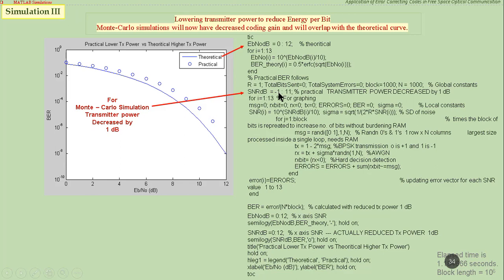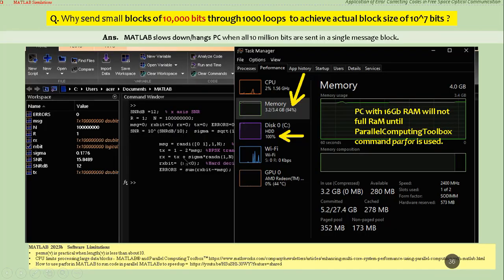If lesser energy is given to the transmitted bits, then more errors will result. If you see at 8 decibels, fewer errors are happening compared to the Monte Carlo simulations. So this is the correction and understanding of SNR producing errors.